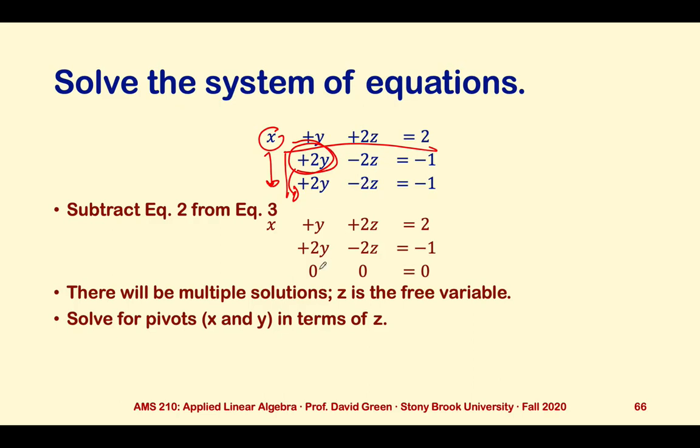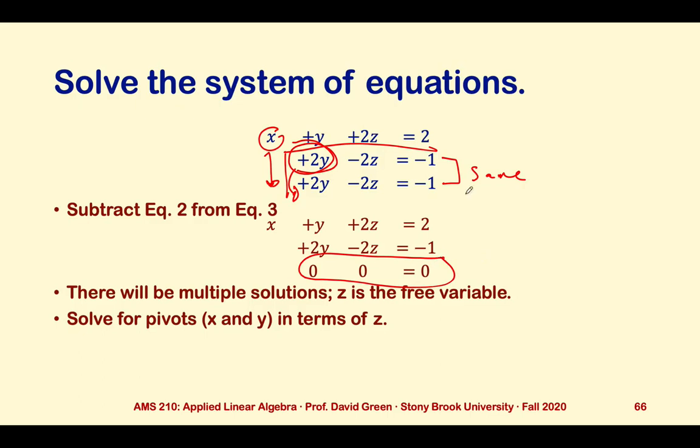2y minus 2y is 0. Negative 2z minus negative 2z is 0. Negative 1 minus negative 1 is 0. We get a row of all zeros because, as we already noted, these two equations are exactly the same. And if you subtract identical equations, you get 0 equals 0.